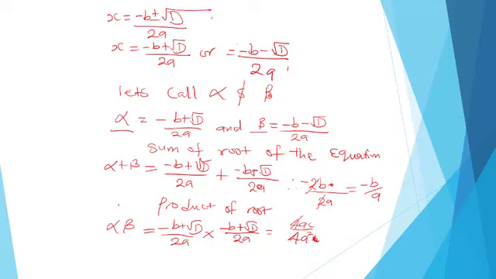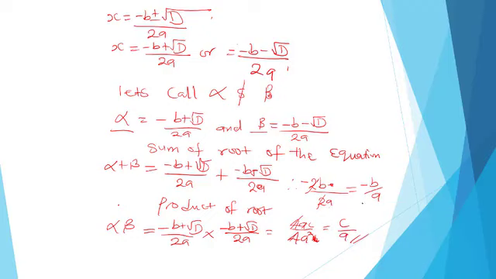So this goes with this, goes with one of these. You now have c over a. So product of roots is c over a, and sum of roots is minus b over a.